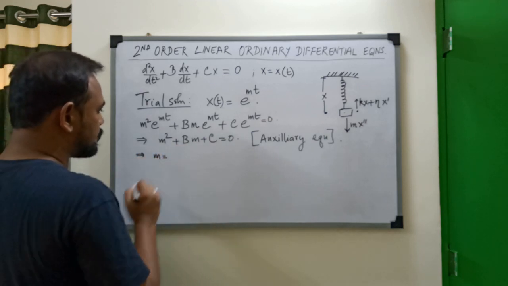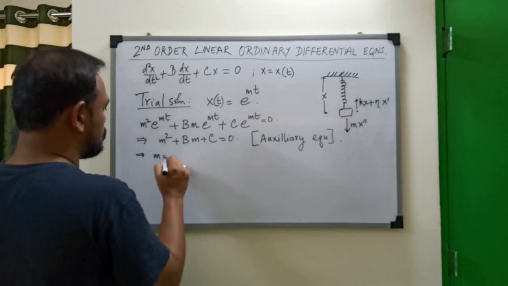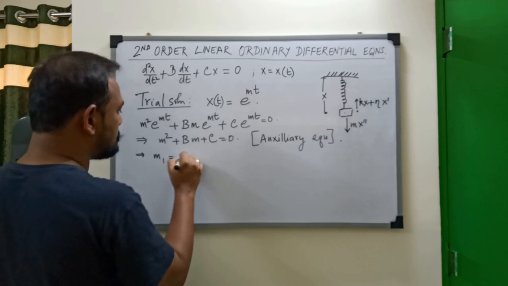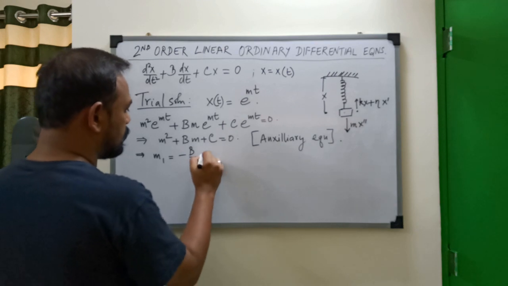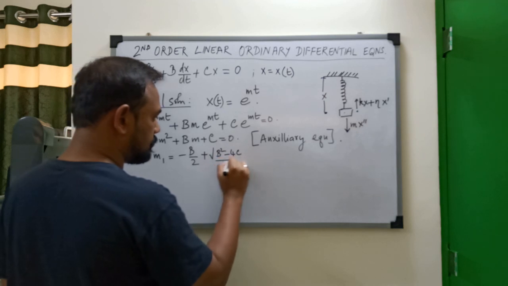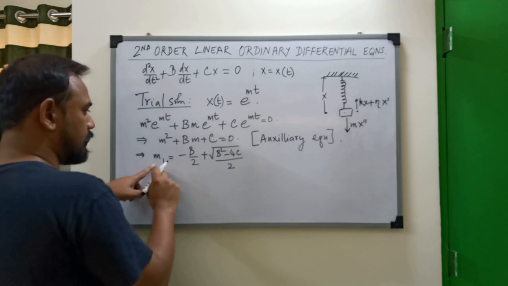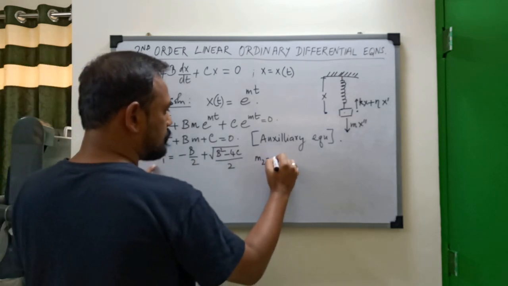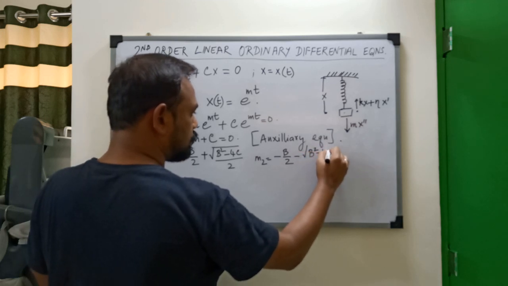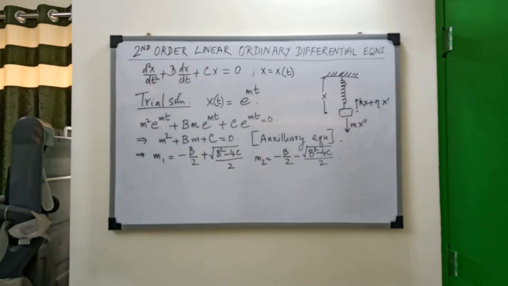From the basic formula for solving a quadratic equation, the first root m1 will be minus b over 2 plus the square root of b squared minus 4c, divided by 2. So I'm taking the positive square root term in the first root m1, and m2 is minus b over 2 minus the square root of b squared minus 4c, divided by 2. Okay, so these are the two roots.